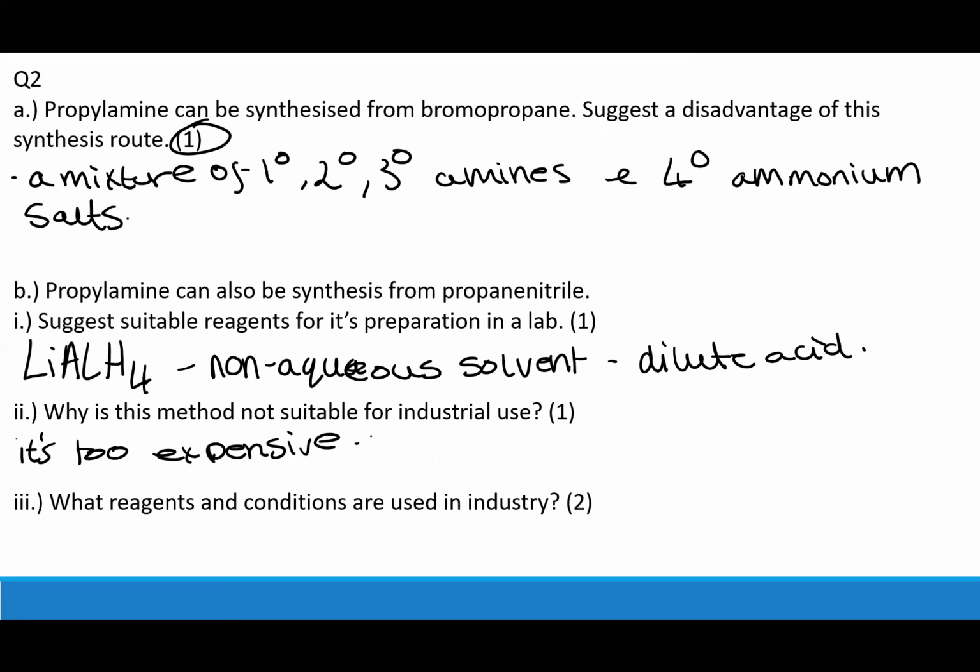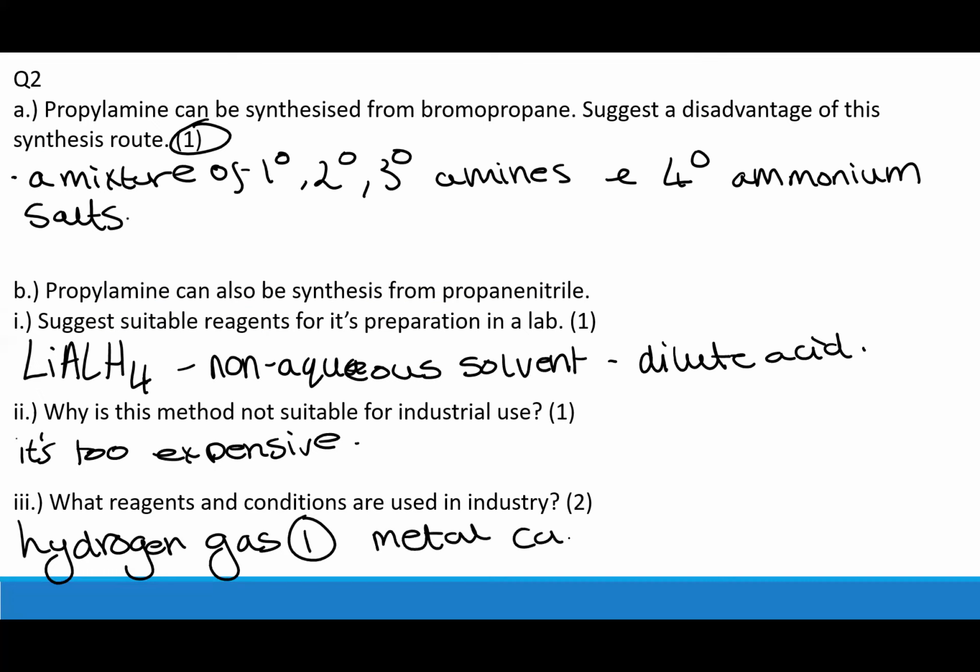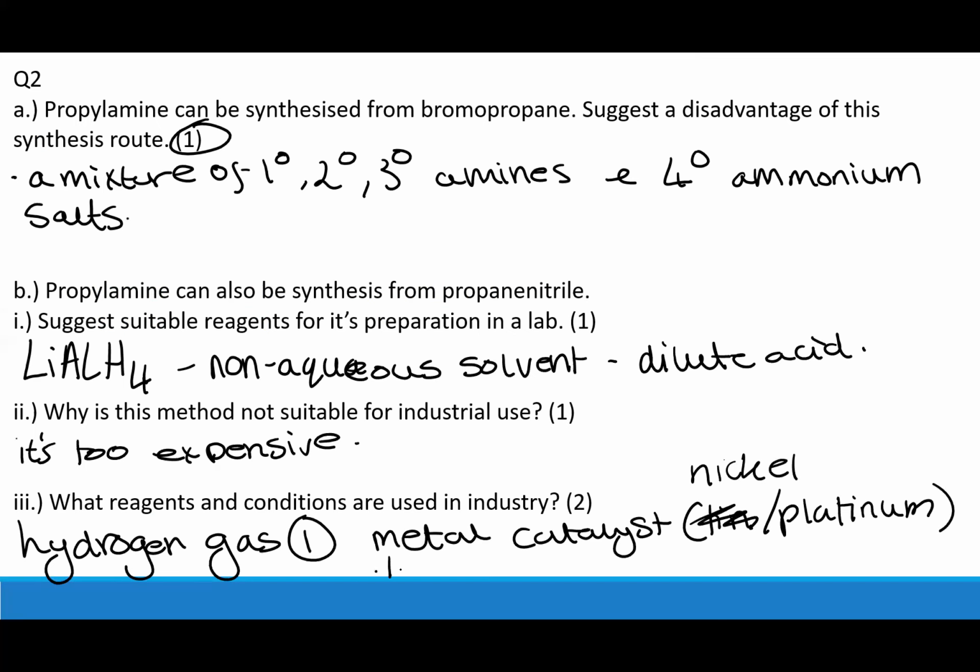So what reagents and conditions are used in industry? We use instead hydrogen gas, which will get you 1 mark. And we use a metal catalyst such as nickel or platinum, a high temperature and high pressure.